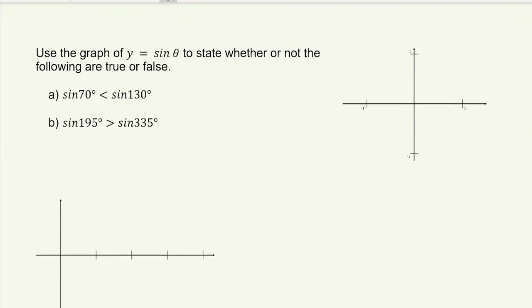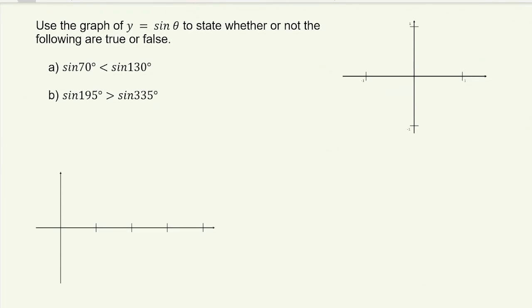Last example here, use the graph of y equals sine theta to state whether or not the following are true or false. Let's pop in our unit circle so that we can double check things. Maybe try and do a better drawn unit circle than what I'm going to do. There's my poorly drawn unit circle. Alright, so let's draw in our graph.